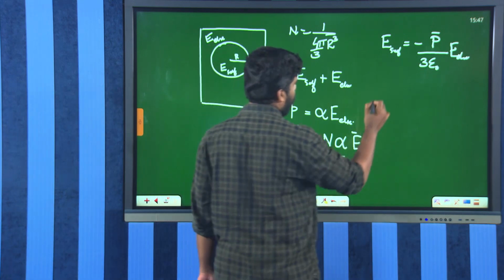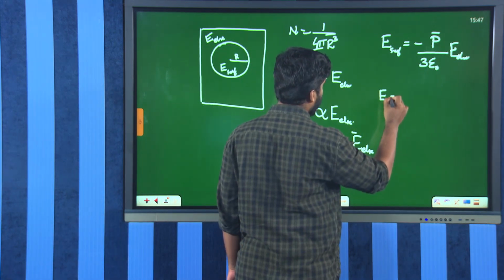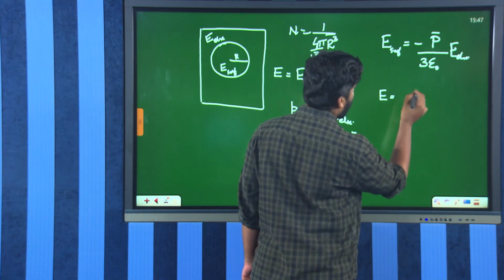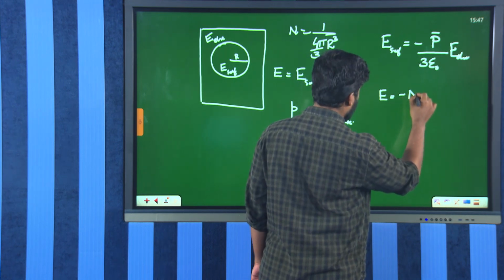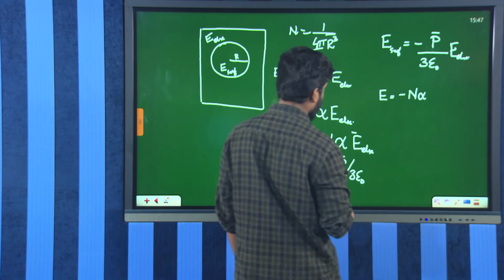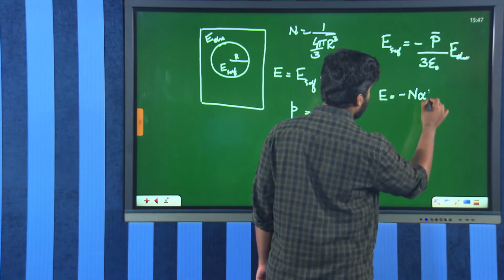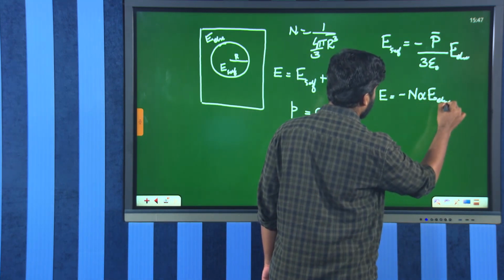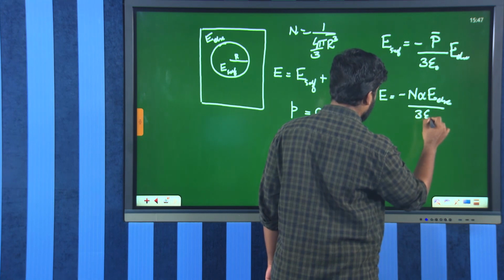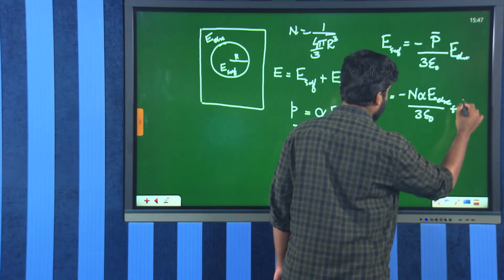So, I can rewrite E is equal to, what is E? E is equal to minus n alpha E else divided by 3 epsilon 0 plus E else.